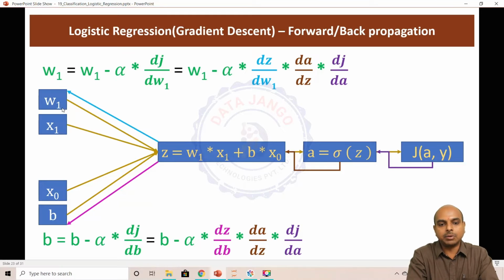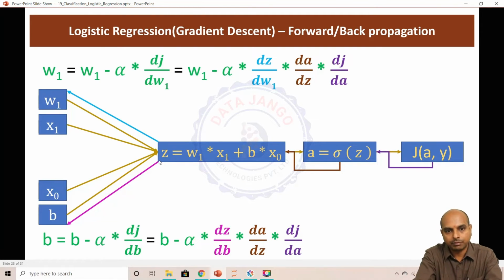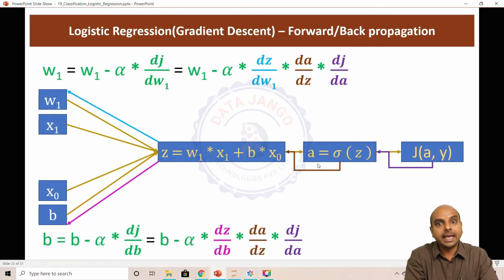When you change W1, first Z will change. When you change Z, A will change. When you change A, J will change. So we need to multiply the changes to find out the total change: when you actually change 1 unit in W1, how much change is happening in J.